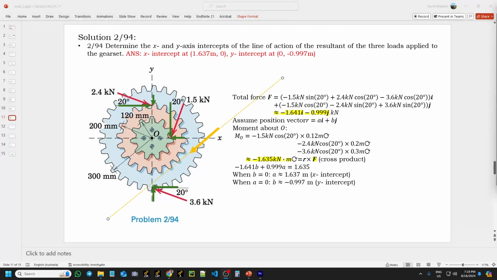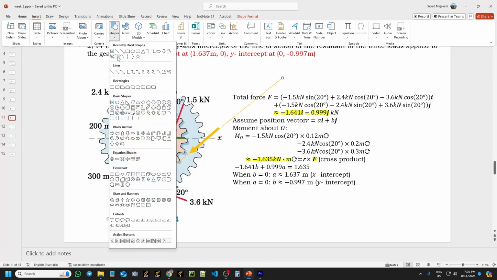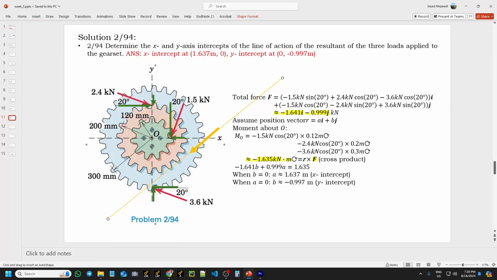Now assume that this is your resultant force and this is a line of action. R can be any vector that starts from O to here. For example, this one can be R, AI plus BJ. Okay, so assume that R is this one.